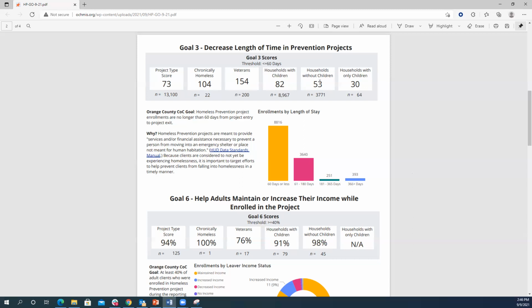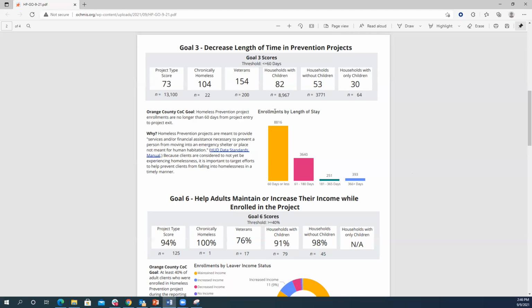Households without children tends to be shorter. Households with only children is the shortest. That's also likely a data quality issue. These are probably children that are supposed to be associated with adults in households with children. So lowest length of time is households without children, and the longest is veterans.